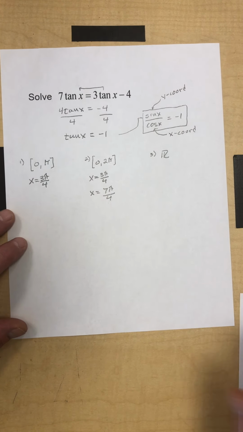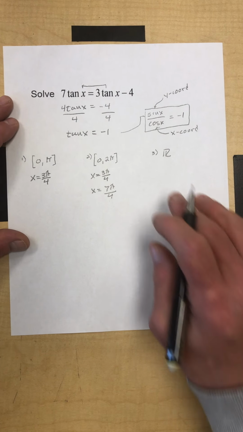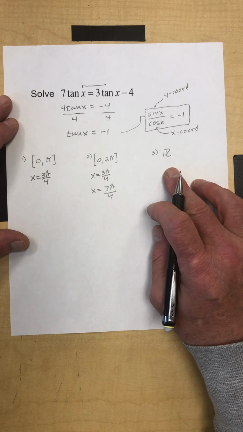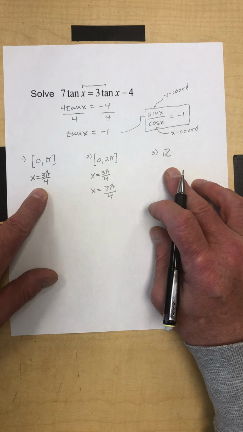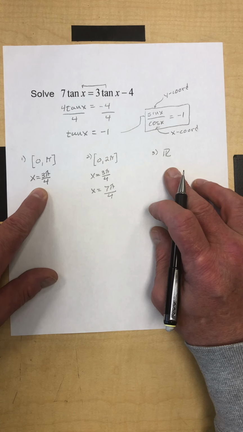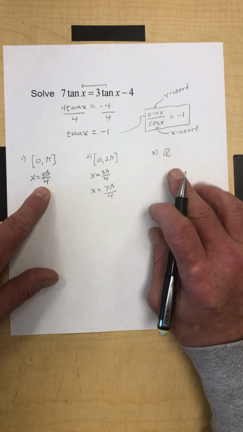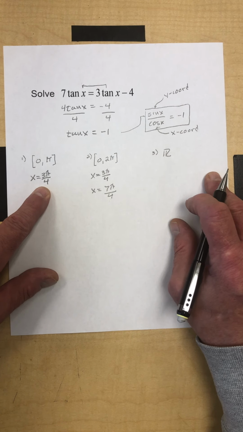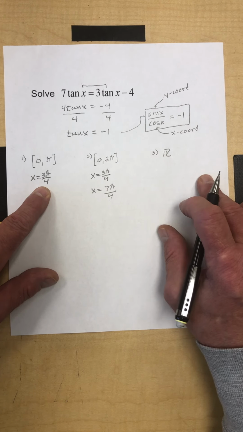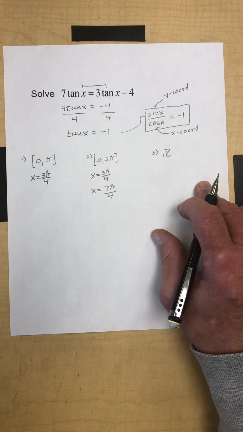Now, when you go to the set of real numbers, I would go back to here and remember that the period of tangent is pi, not 2 pi. So I would take the 3 pi over 4 and add all multiples of pi, not just the even multiples, but also the odd multiples.